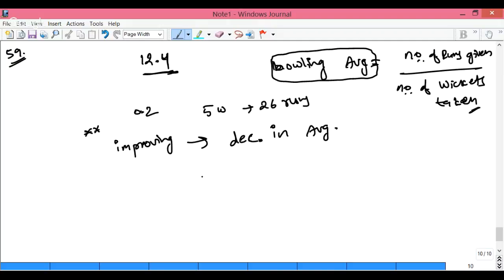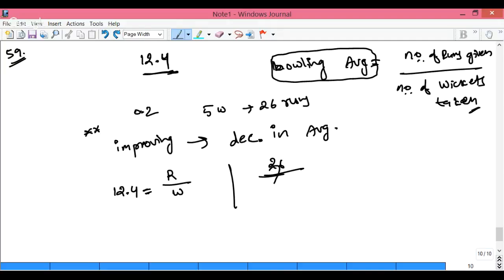Now, come to the question. Previously, his bowling average is 12.4. He has conceded some runs, R runs, and taken W wickets. In the last match, he has given 26 runs and taken 5 wickets.